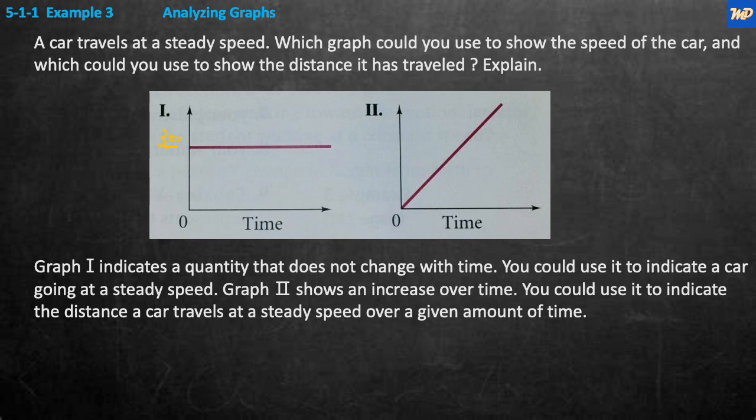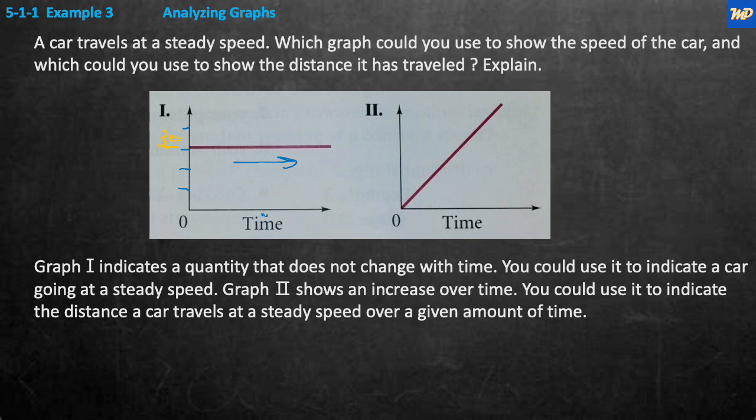And here's the time. Well, I would say that a car traveling at a steady speed is this graph right here. I'm going to change the color to blue. It's this one right here because it's constant, it's steady. If this is 10, 20, 30, 40 miles an hour, and you're doing 30 miles per hour, this is 30 miles per hour over time.